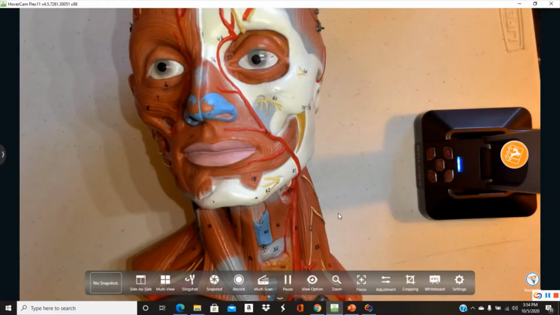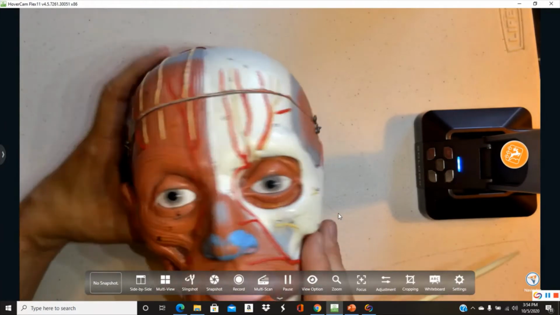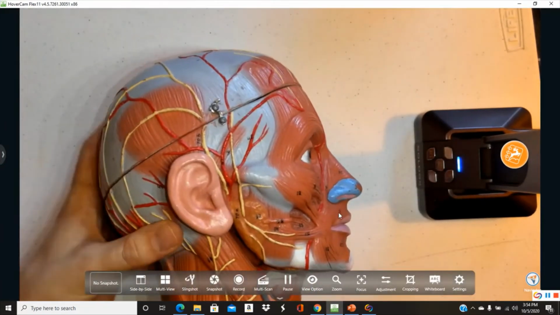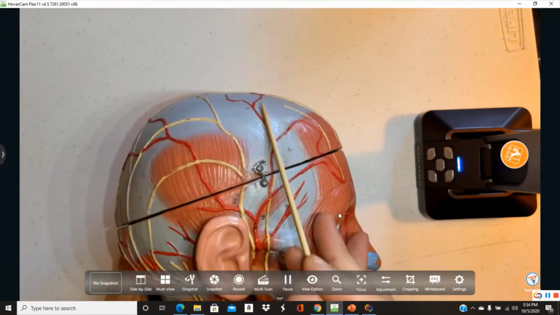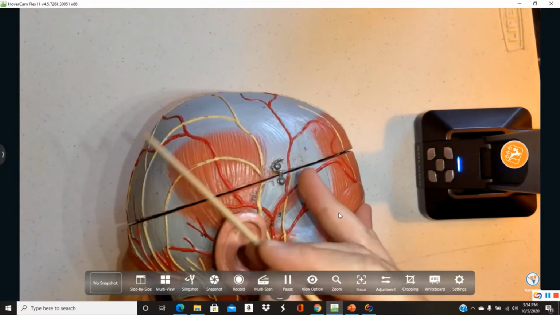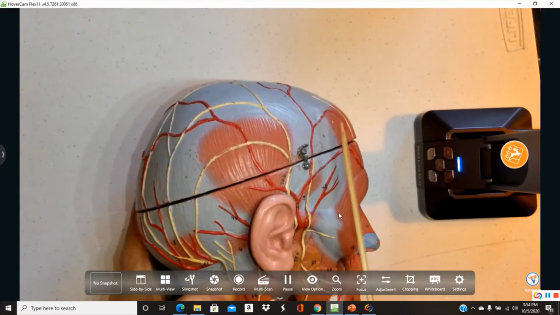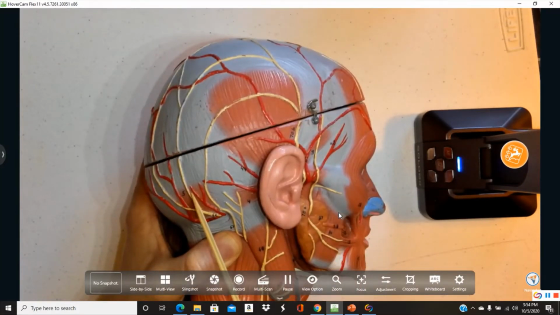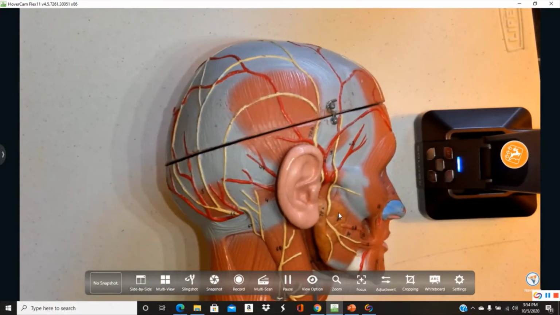So here we have our model that I'm going to be using. There are labeled versions of these images on D2L for you guys, and you can practice with them. Our collagenous sheet here is called the galea. The galea attaches the frontal belly or frontalis to the occipital belly or occipitalis. Together in total they make the occipitofrontalis muscle.